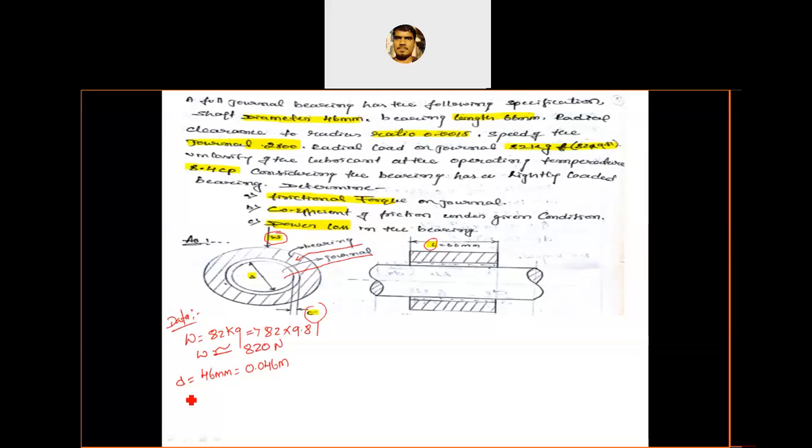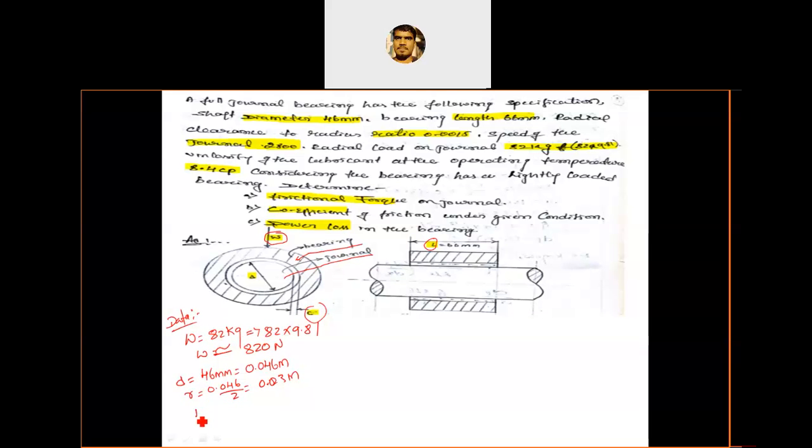We need the radius, so 46 divided by 2, that is 0.023 meter.